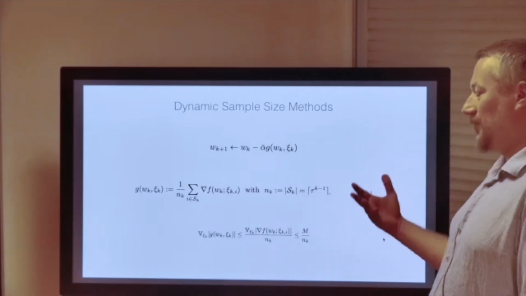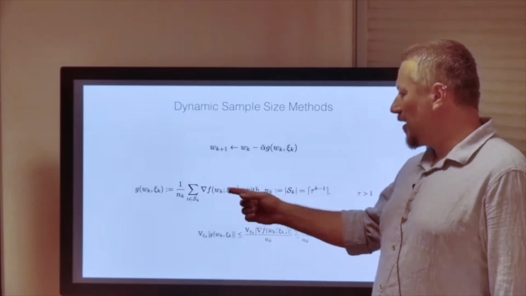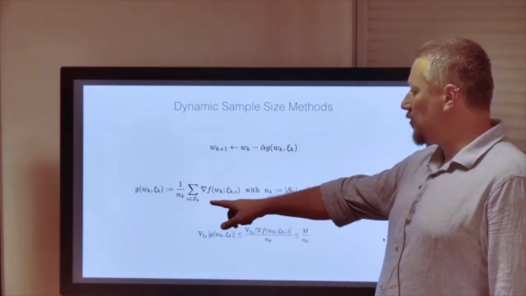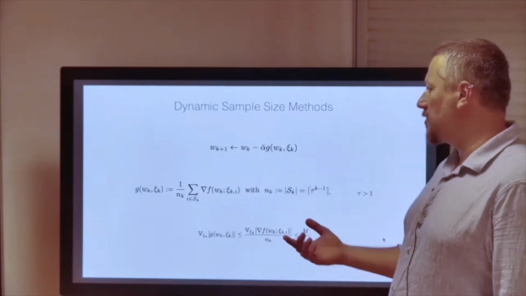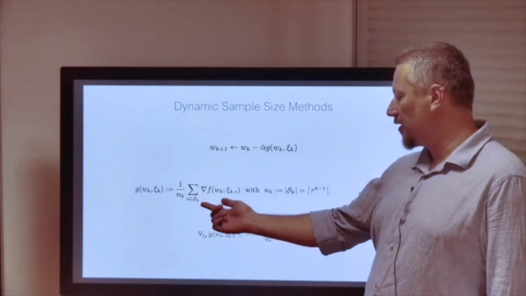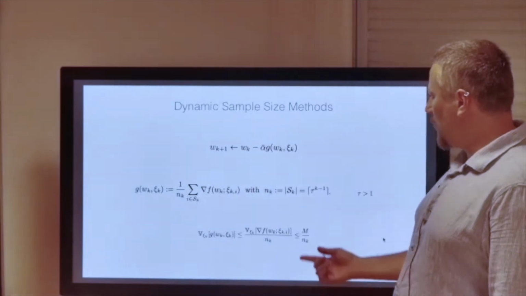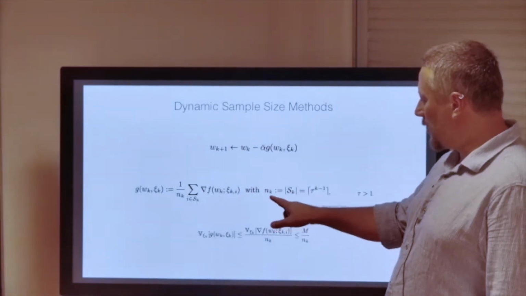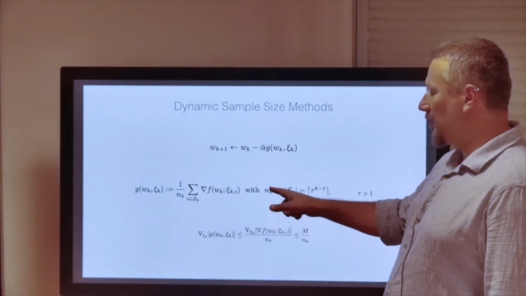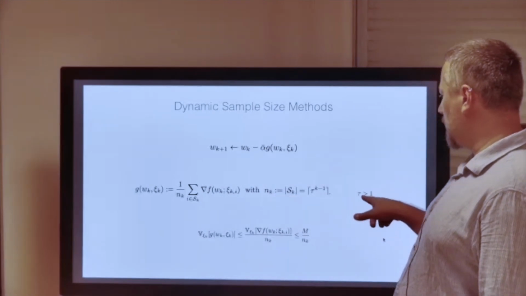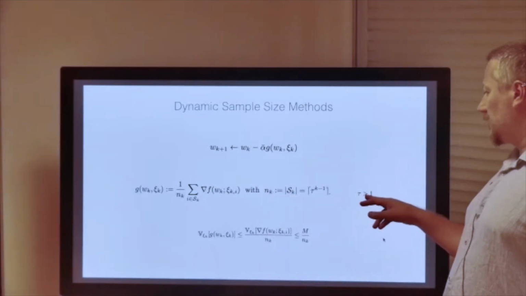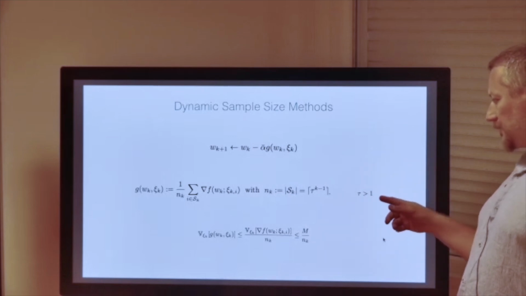What I mean is that at every step you choose an n_k, the size of the mini batch, and you calculate the mini batch gradient. Then you want the size of the mini batch to grow exponentially with respect to some tau which is bigger than 1.